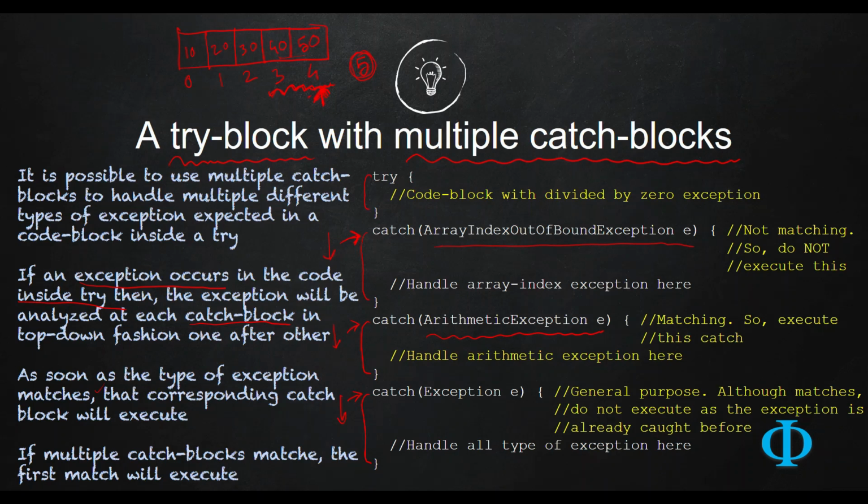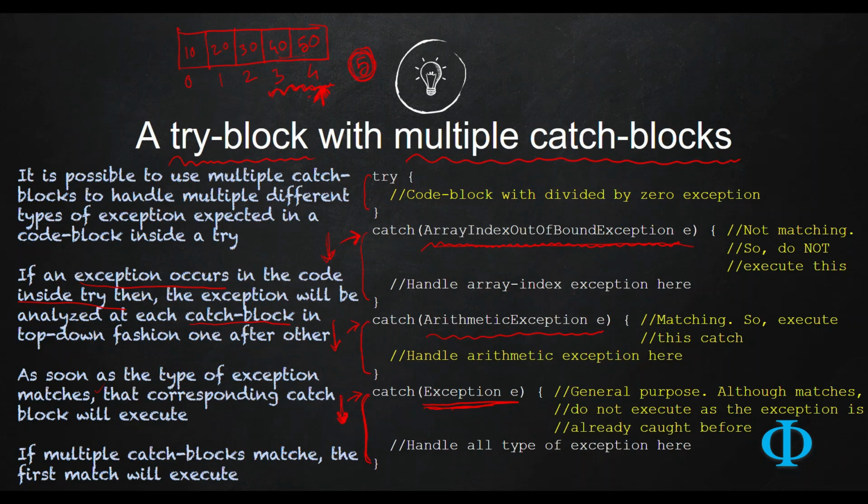And finally, if you are not sure what type of exception will occur, it is always recommended, after all these specific types of errors, to specify a general purpose catch block with Exception e. Why is it general purpose? In the first catch block I am handling a specific exception, array index out of bound, which only handles an index beyond the actual array.